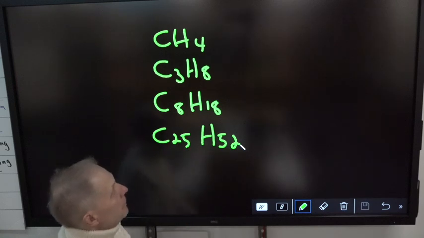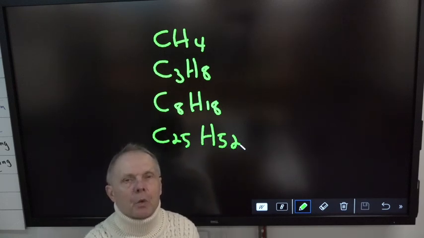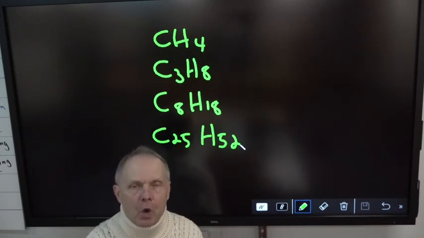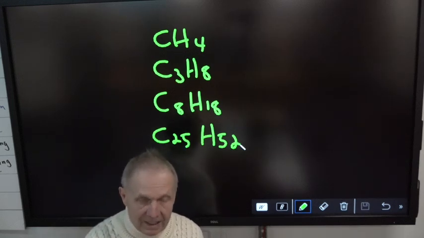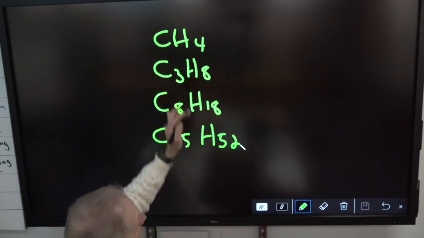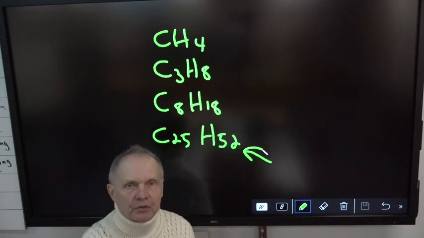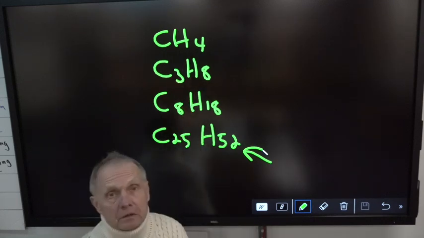If you had those four substances, and the question was, which one has the greatest van der Waals forces? You pick the one that weighs the most. It's just like going down a group, the weight gets bigger. So, the greatest van der Waals forces would be this one, because it weighs the most. If it said which has the least van der Waals forces, you pick the lightest one.